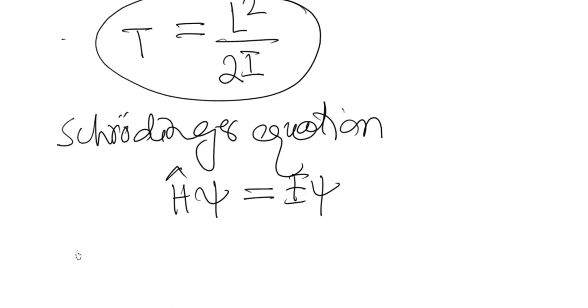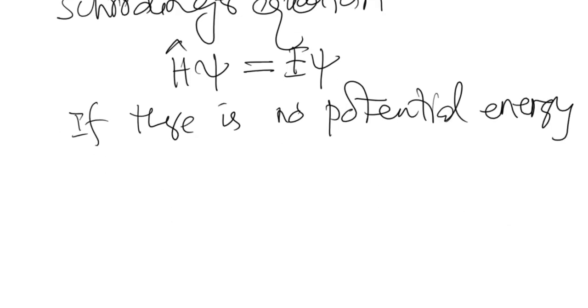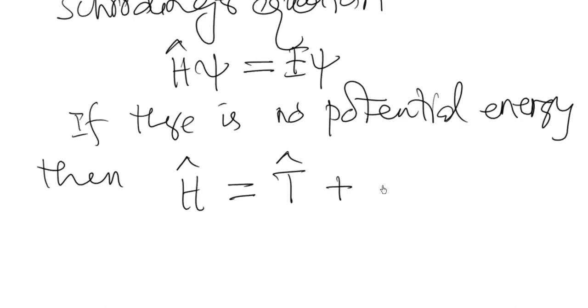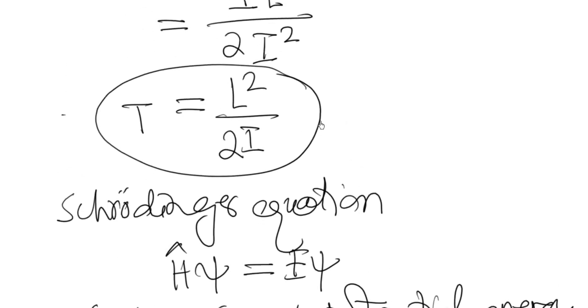If there is no potential energy, then H can be written as T only, right? So with zero potential energy, T can be written as L square by twice I. We have found T equal to L square by twice I from this.